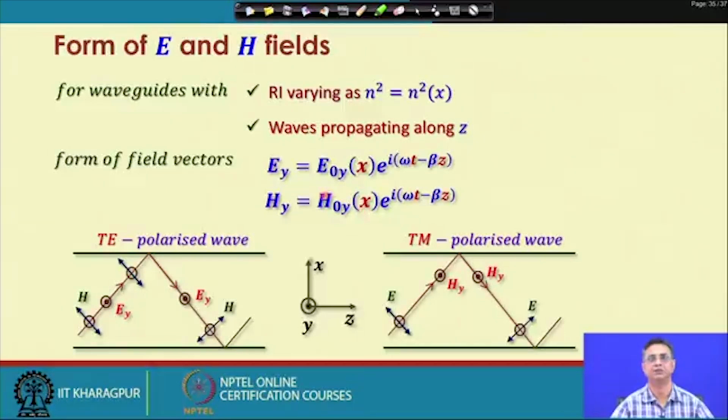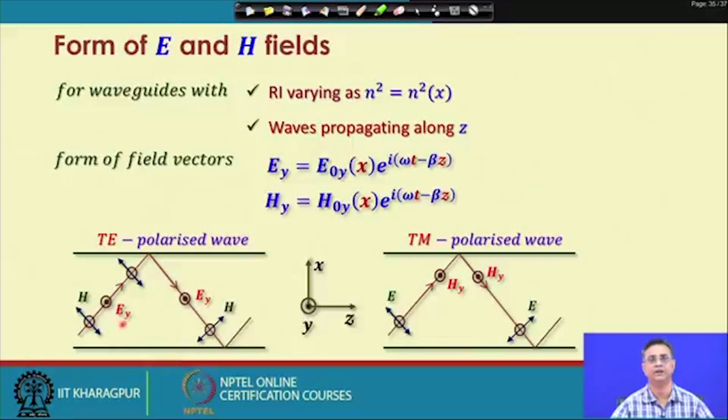There will be a variation of the amplitude of the magnetic field along the x direction, and also for the electric field. So, look at this TE polarized wave for this one-dimensional structure. You have an electric field which is directed along y, in this structure in which the electric field is directed.